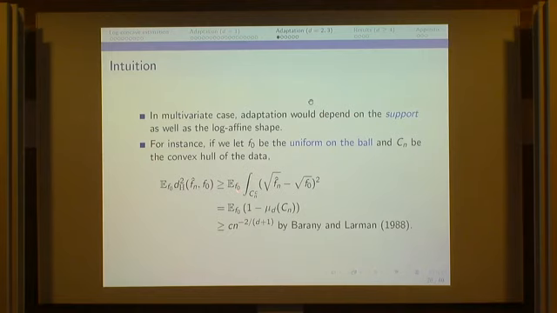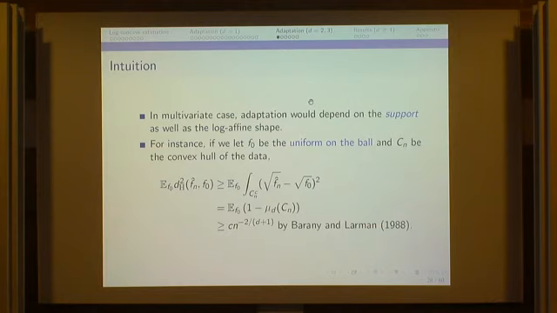And by Barany and Larman, they proved that this part, outside of the convex hull of the data, and since f0 is uniform, this is again the Lebesgue measure, can be lower bounded by n to the minus 2 over d plus 1.